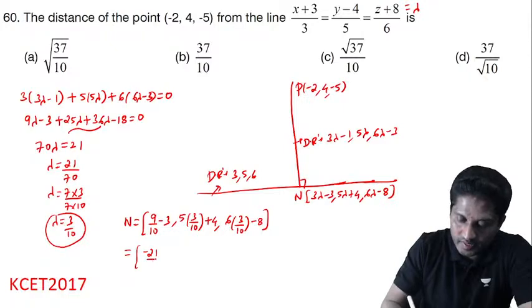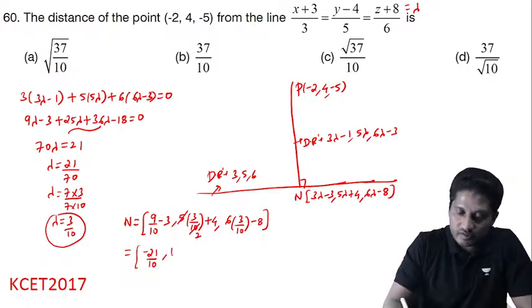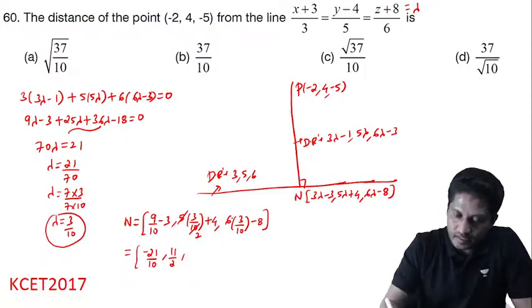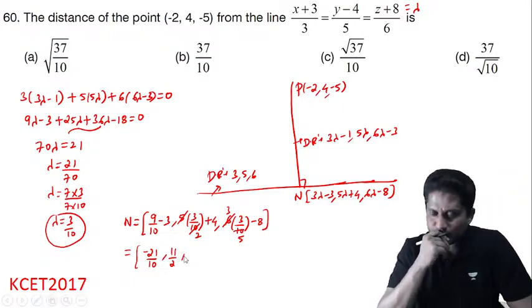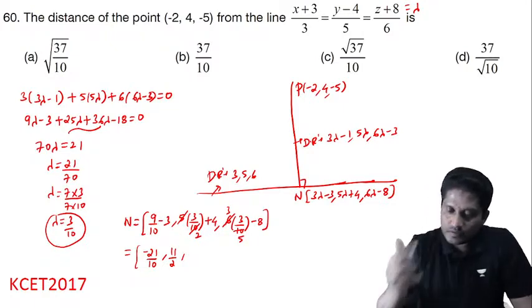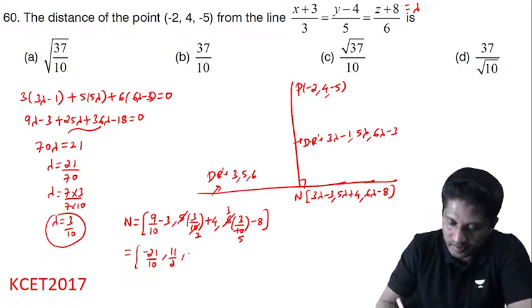This is minus 21 by 10, comma this will cancel 2 times. 4 2s 8, 8 plus 3 11, so you get 11 by 2. Okay, and then this will cancel 2 3s 2 5s. You will get 9 minus 40 divided by 5. You will get minus 31 by 5.